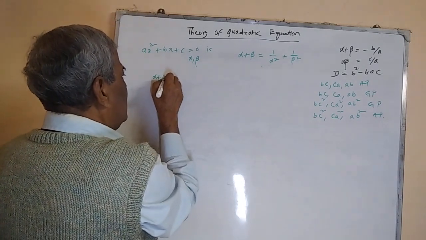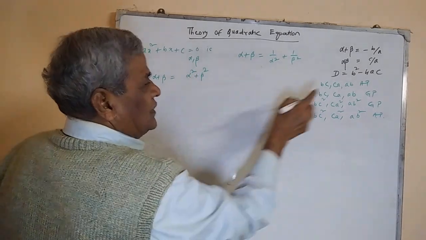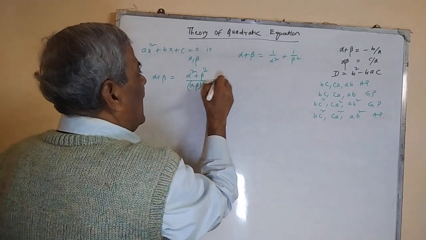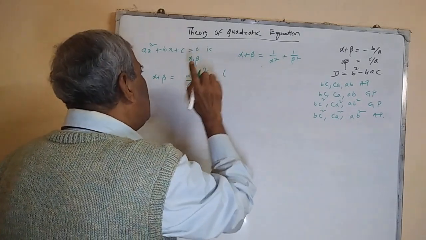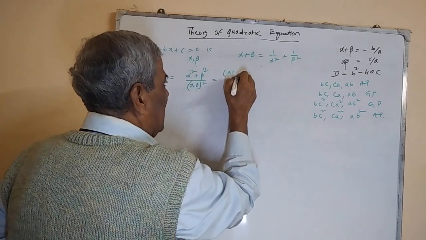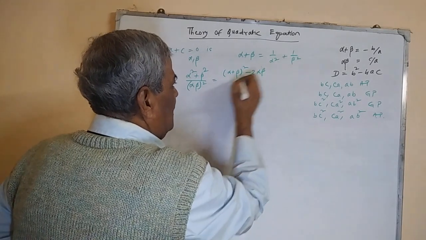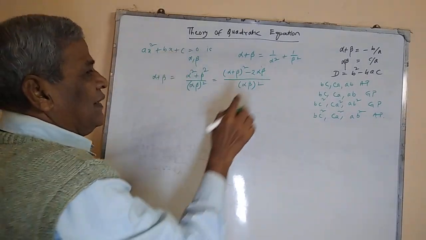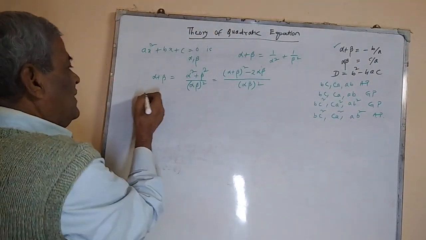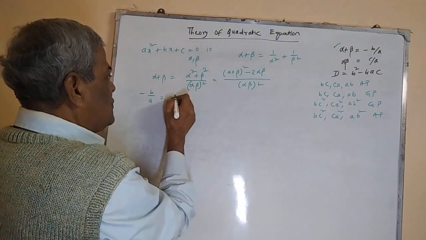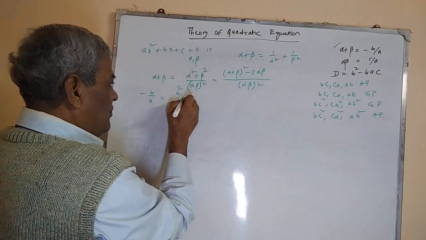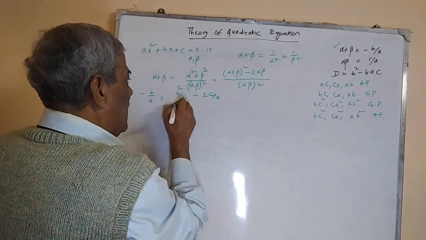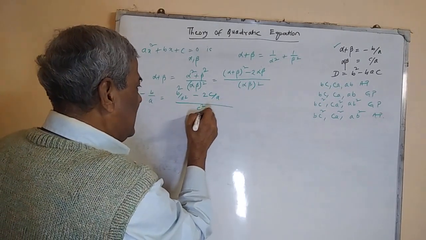So alpha plus beta is equal to (alpha² + beta²)/(alpha beta)². Alpha square plus beta square, in terms of alpha and beta, we know the value of alpha plus beta, so I write it as ((alpha + beta)² − 2 alpha beta)/(alpha beta)². Now as alpha and beta are roots, alpha plus beta is equal to minus b by a, so minus b by a is equal to ((−b/a)² − 2 alpha beta)/(alpha beta)², where alpha beta is c by a, so (alpha beta)² is c²/a².